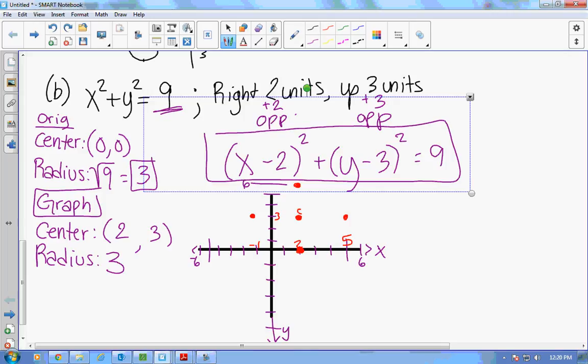Once you have those 4 points marked, you can then connect them with a nice curved circle. I missed a little bit. My shadow got in the way. Okay? You have graph paper for a reason. Make sure it's nice and neat.